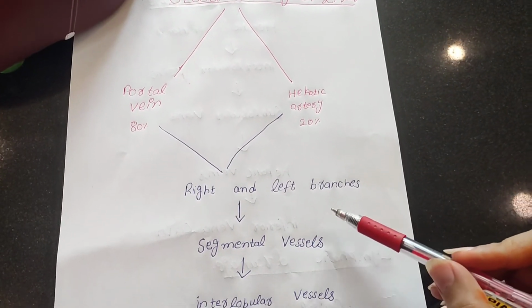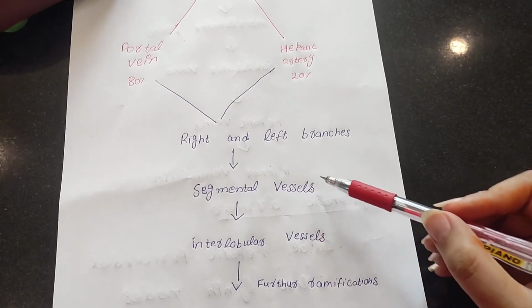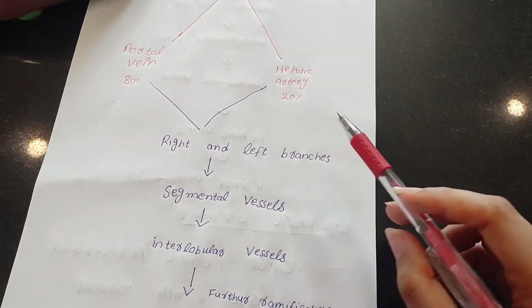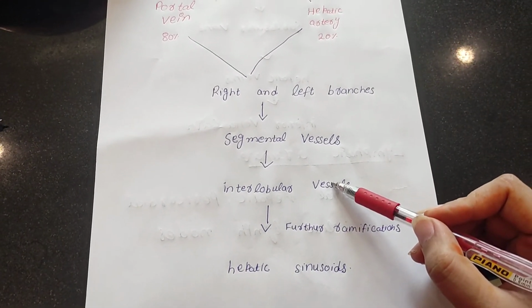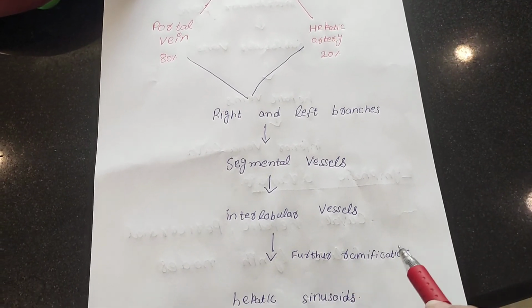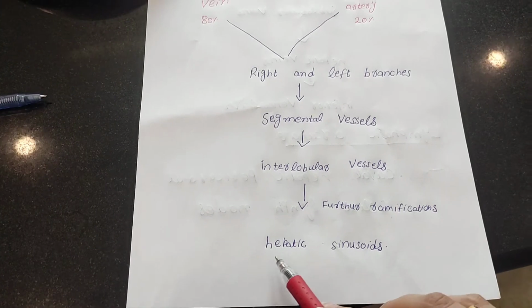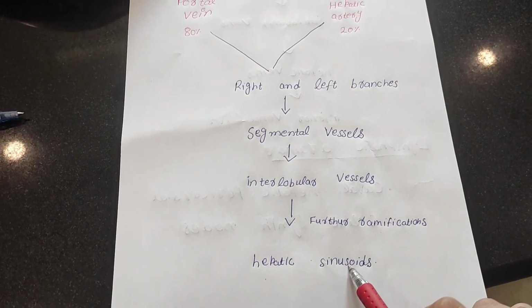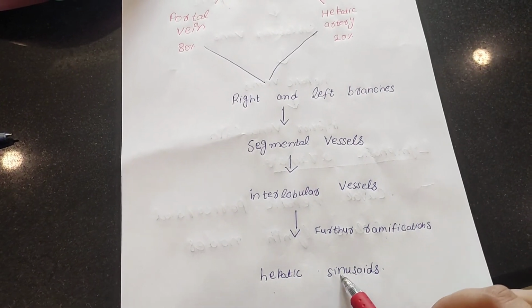These right and left branches then divide into the segmental vessels. After becoming segmental vessels, they become the interlobular vessels. These interlobular vessels undergo further ramifications, so they subdivide and finally they drain into the hepatic sinusoids. You have read in the histology part in detail about the hepatic sinusoids.